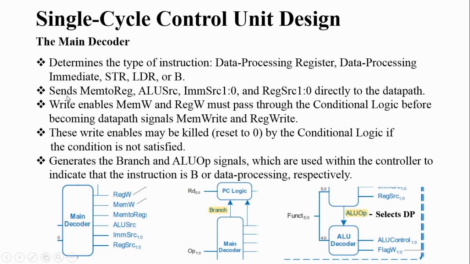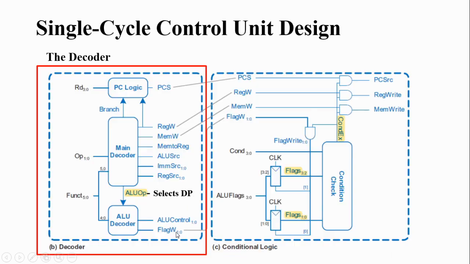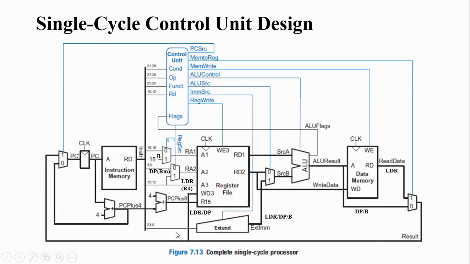Then it also sends memory to register, ALU source, immediate source, and register source directly to the data path. These are those bits: memory to register, ALU source, immediate source, and register source. These things we have already seen here.